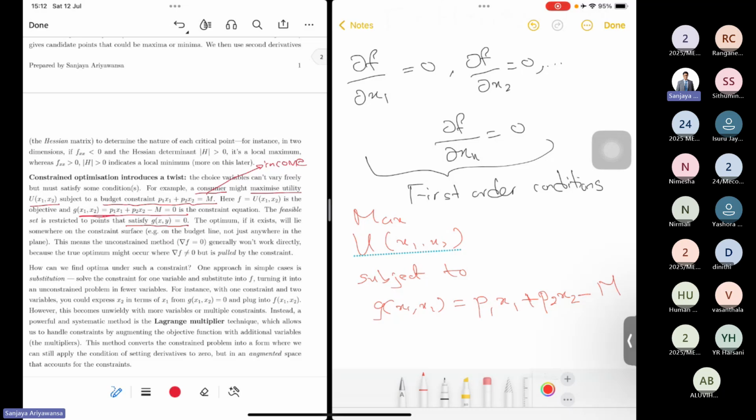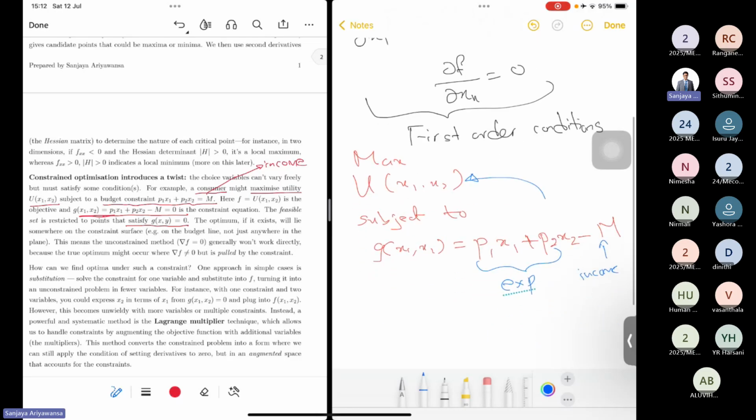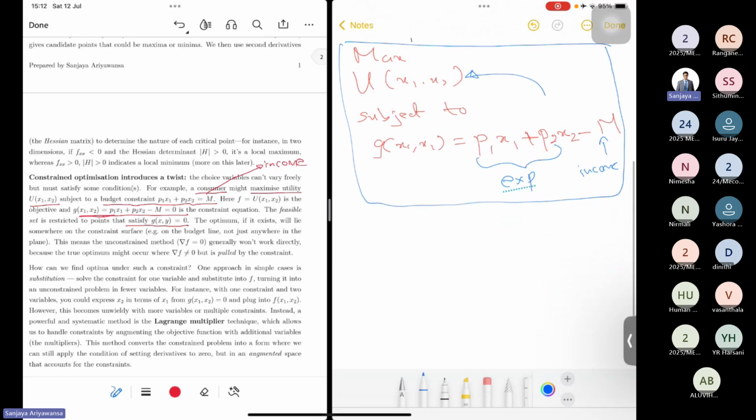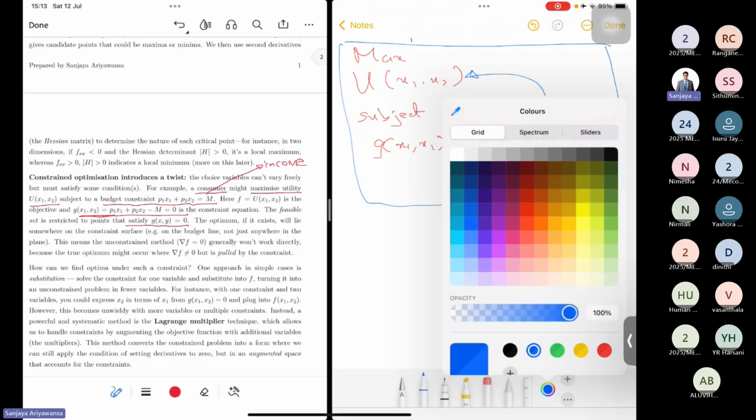This part is your expenditure, and this is your income. Given your income, by how much can you spend such that you maximize your utility? How do you solve a problem like this? That's the key question we're going to ask and answer through this lesson.